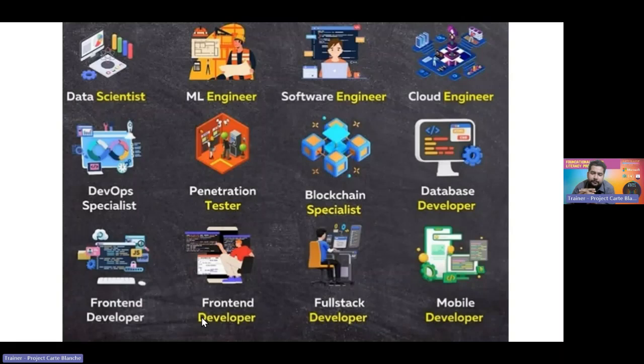Same way, today there are machine learning engineers, software engineers, cloud engineers, DevOps specialists, testers, automation testers, blockchain specialists, database developers, front-end developers, full stack developers, and mobile developers. There are different types of high-demand jobs for software programmers, right?